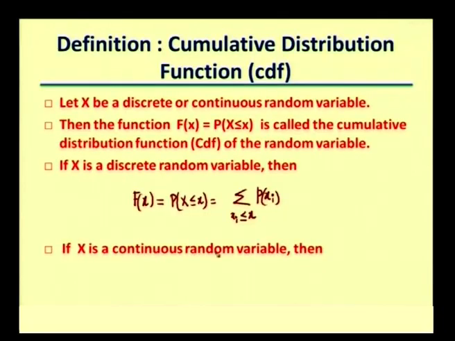If x is a continuous random variable, then F of x, the cumulative distribution function, is defined the same way, P of X less than or equal to x. It is equal to, we have to use integration, from the limit minus infinity to x, f of t dt. This is the basic definition of the cumulative distribution function defined for discrete and continuous random variables.